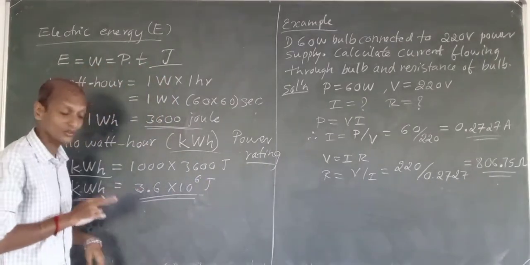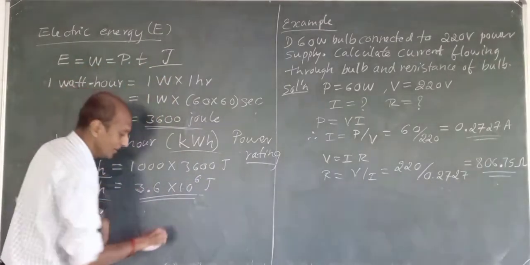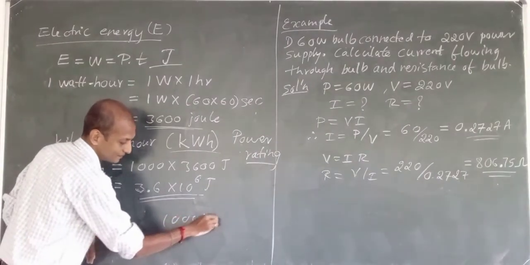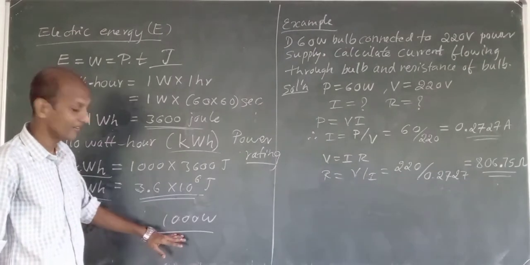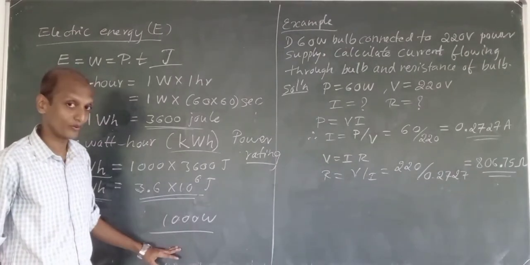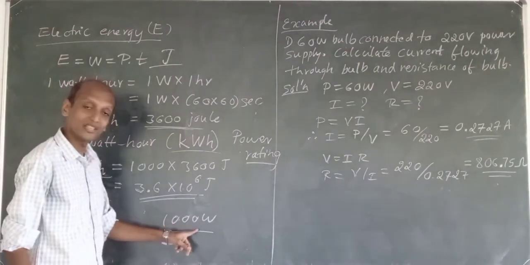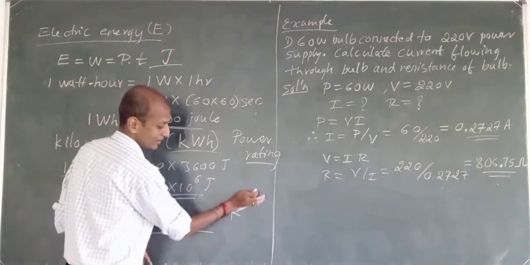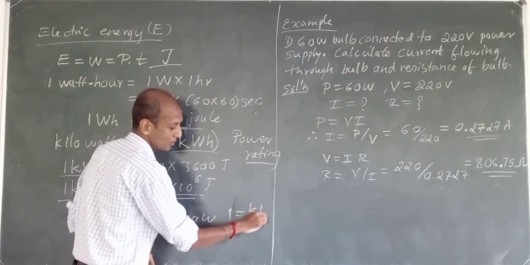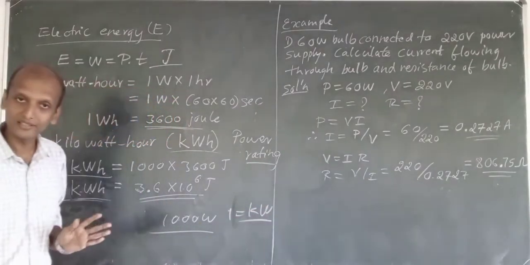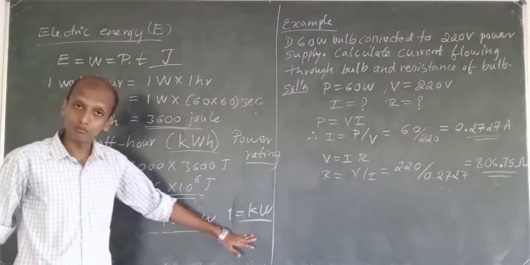So if I have some device of 1000 watts of power rating, then 1000 watts is equal to 1 kilowatt.